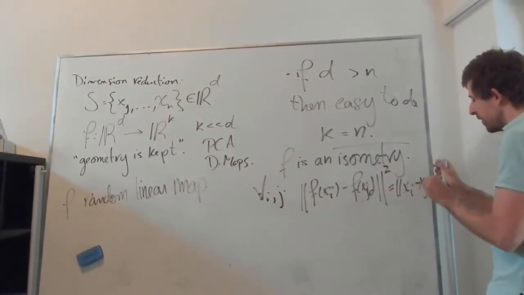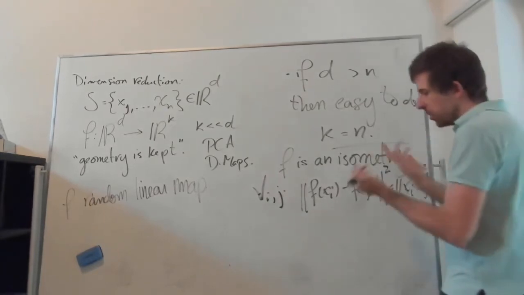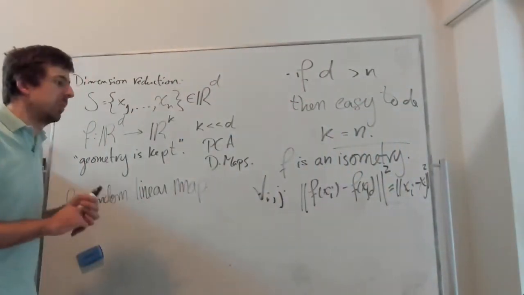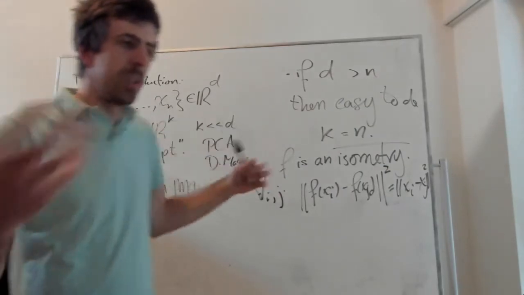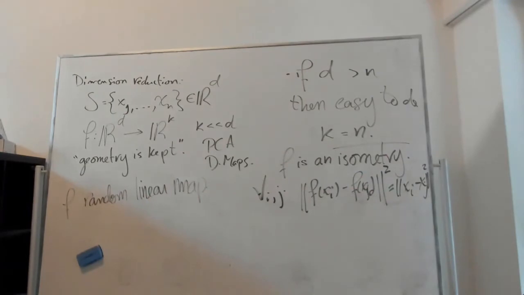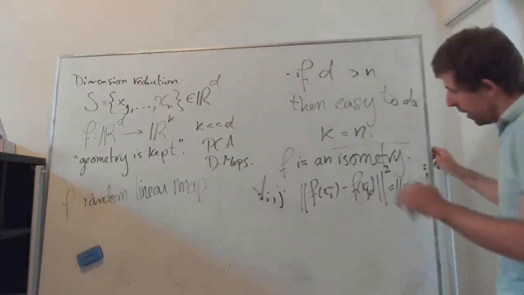It preserves all the distances, and if it preserves all the distances, it basically preserves all the geometry of the points, because if you preserve the distance of every pair of points, then your points really didn't change at all. And F is a linear map.